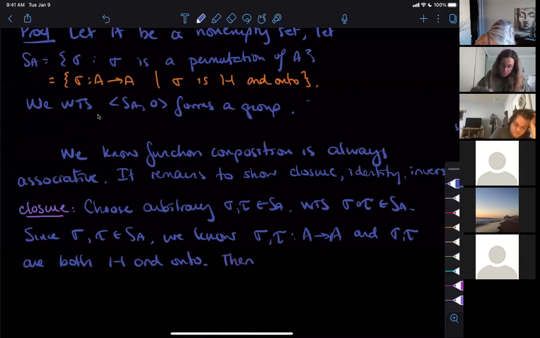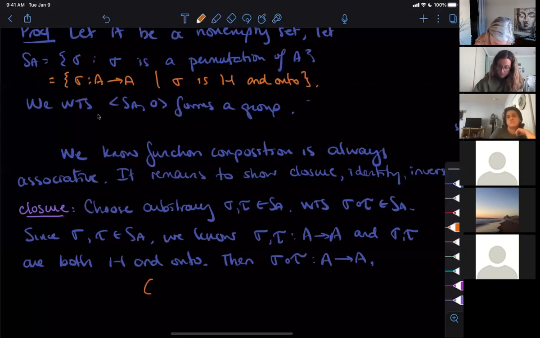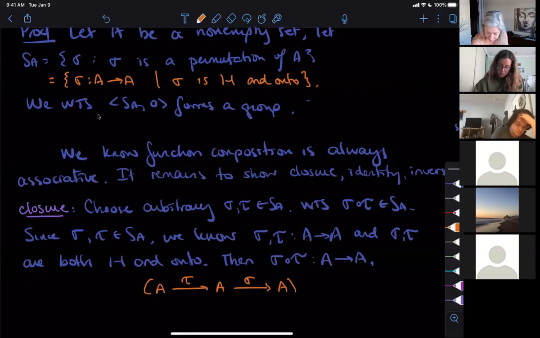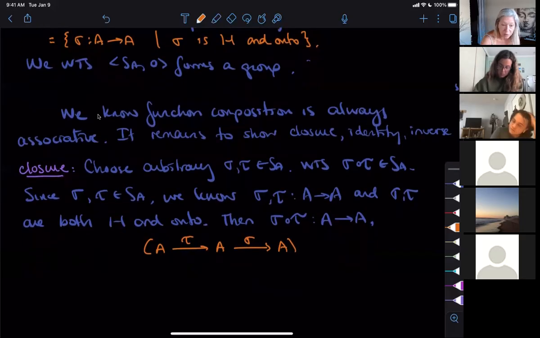Sigma follows tau. Well, it starts at A and then goes to A and then ends at A. You could say A, and then tau goes first, tau takes it to A, and then sigma takes it to A. And look, the composition went from A to A. And then we just have to show that it is one-to-one and onto.